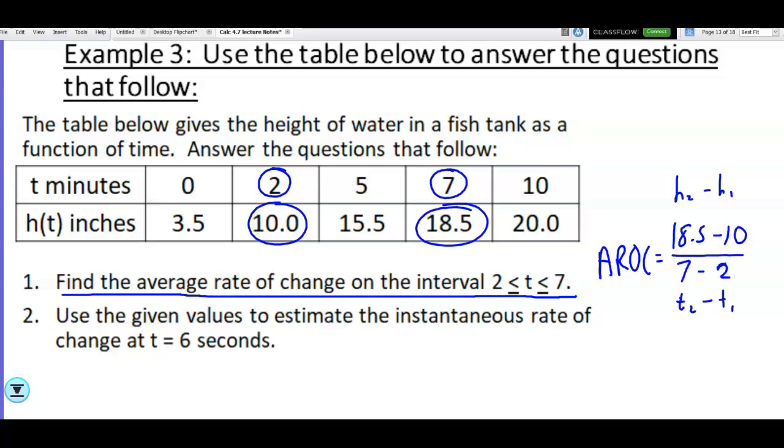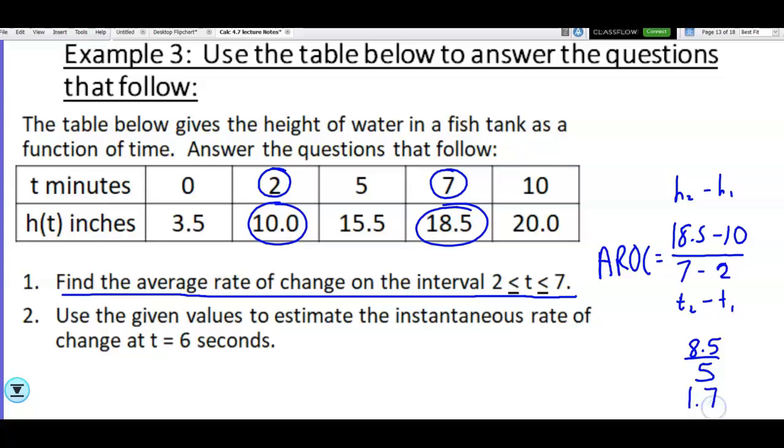And what that leaves me with is 8.5 over 5. Sorry, 8.5, I put 8.4. Fix that real quick. 8.5 over 5, which we can get a calculator out and change into a decimal instead of a fraction. And I get about 1.7.